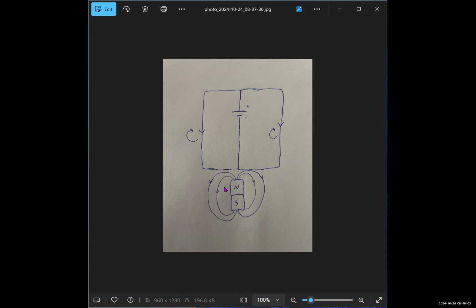And we have the magnet separate from it, and the magnet has its own field, and these two fields repel each other. This is the basic schematic of something like an electric motor. I think this is the reason for the turning of this wire.